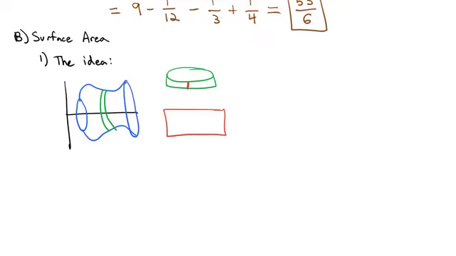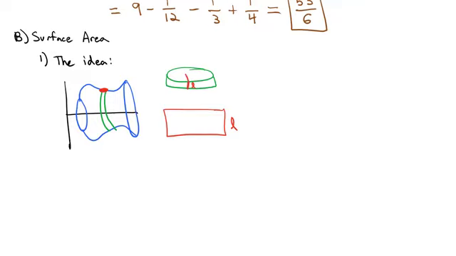Now, the dimensions on this rectangle are interesting. First, let's take a look at this little thick piece. That thickness that we're looking at is really a piece of the entire arc length. So that height is really a piece of the entire arc length. The height of this rectangle is going to be the arc length as it goes across.